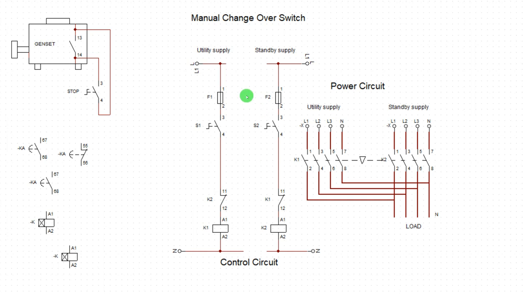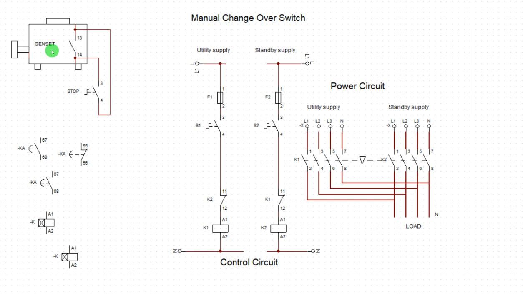Now, I want us to further advance this design such that when the standby power is active, when the power supply is active, I don't want this contactor to close immediately. I want it to be self-operated. I don't want to come here to operate this switch. The only thing I have to do is to go to the genset and start it.